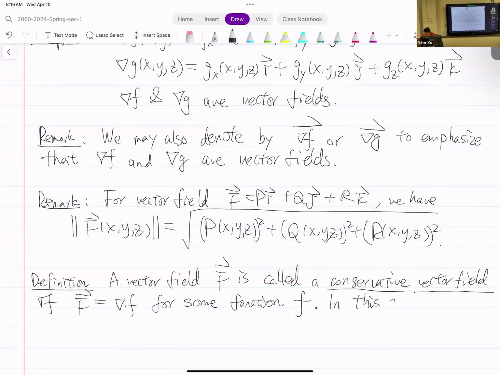In this situation, little f is called a potential function for the vector field that you start with.